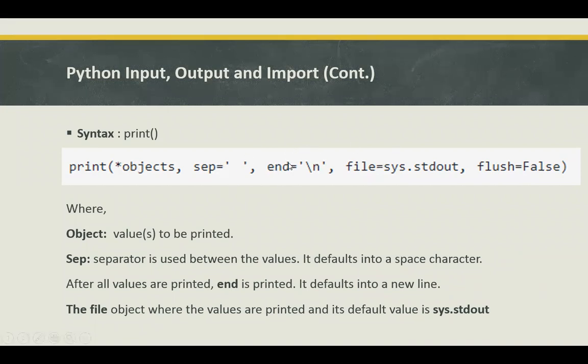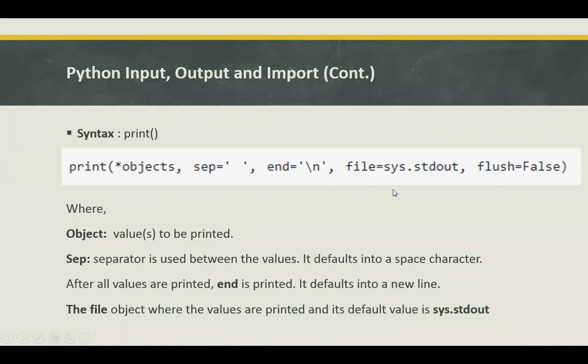And obviously the third one is end. After all the values you are specifying here are printed, we need to print the end. End means by default it would be printed on a new line, so \n for the new line.